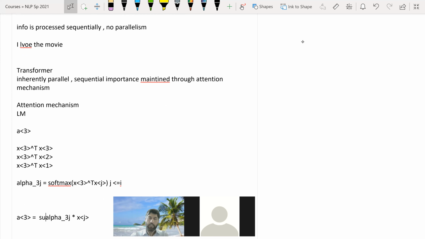So you have a summation over j, and of course वो condition है j is less than or equal to i.